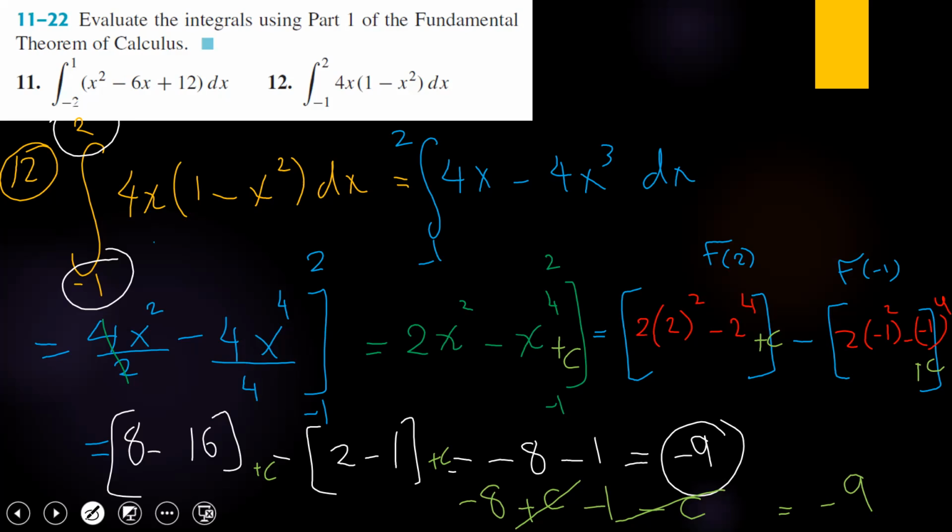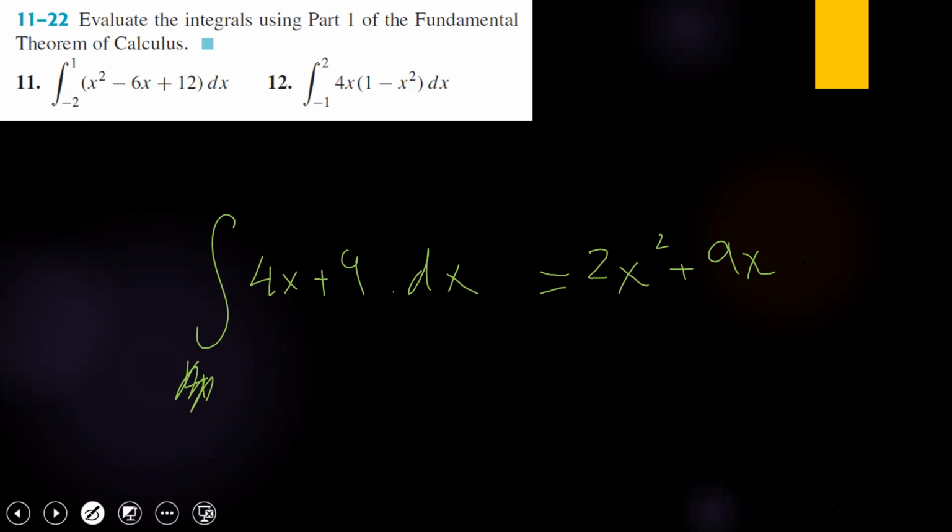Okay, but from the beginning, I told you don't write plus c. So if you have only an integral like the integration of 4x plus 9 as an example, you have to say it is 2x squared plus 9x plus c. So this is an indefinite integral. Why does it mean indefinite? Because I'm talking about an infinite interval.